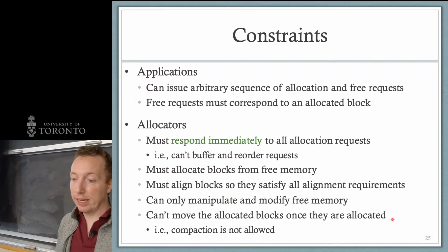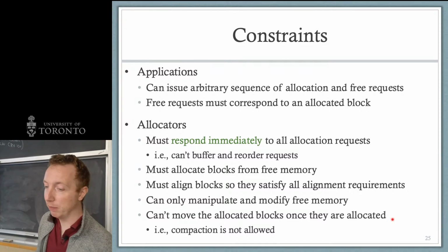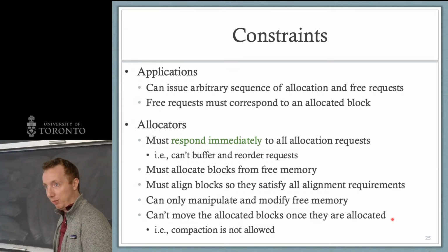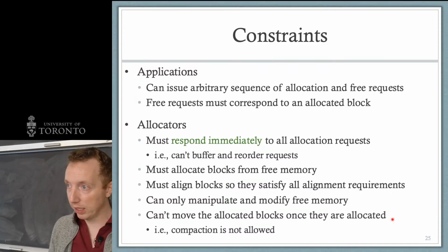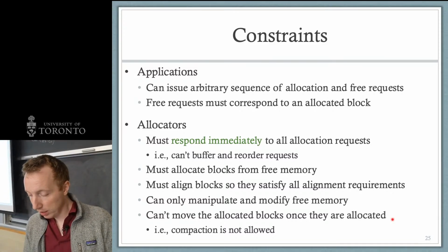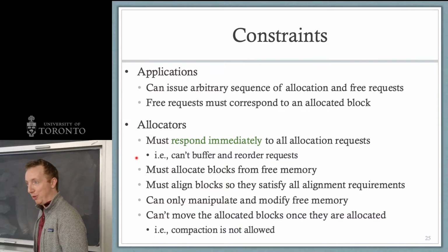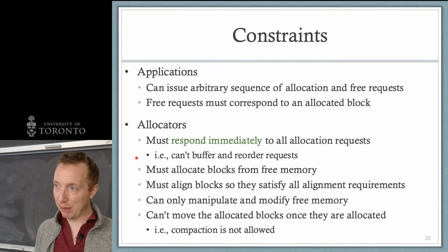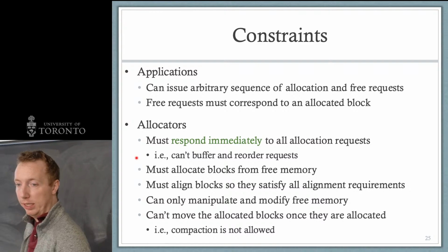If you are the one implementing malloc, you must respond immediately to an allocation request. You must give them memory as long as you can. You can't reorder anything, you can't do anything special. You have to allocate from blocks of free memory. You shouldn't try to overlap your request, otherwise you will cause every application on the face of the planet to break.